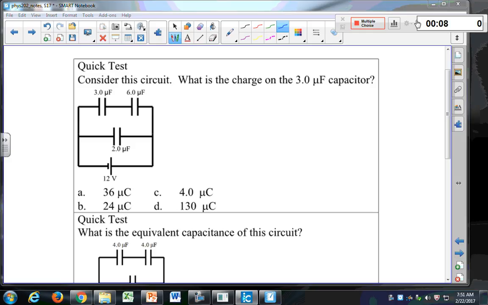Now you'll need to know the voltage. Well, there are a couple of ways you can do this. The easiest way is probably to look at it and think about how the voltages are distributed across those different capacitors.